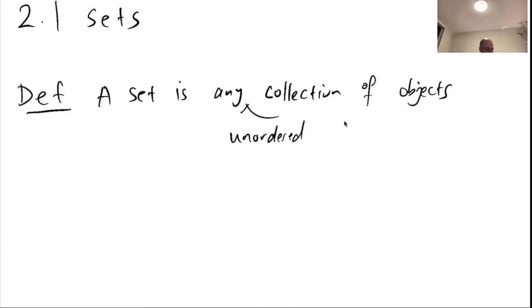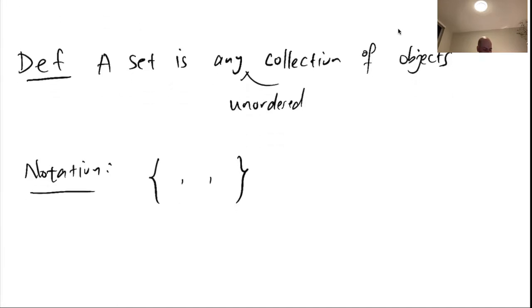And the notation is basically this notation, and we put the elements inside the curly brackets, right? And these are going to be called the elements of a set.